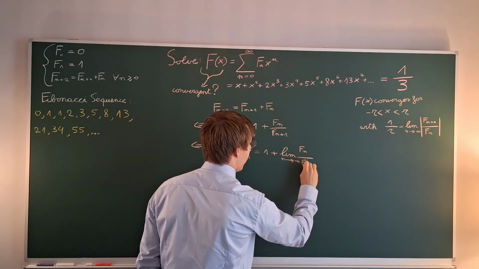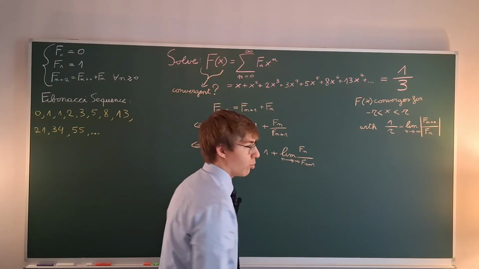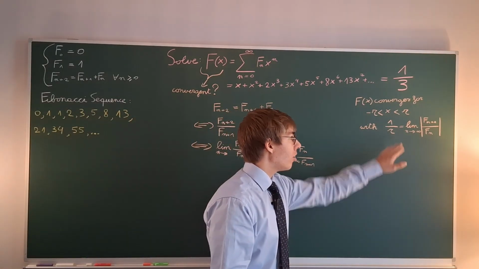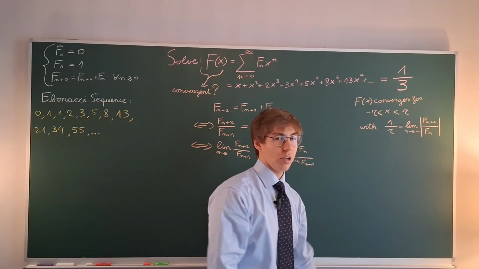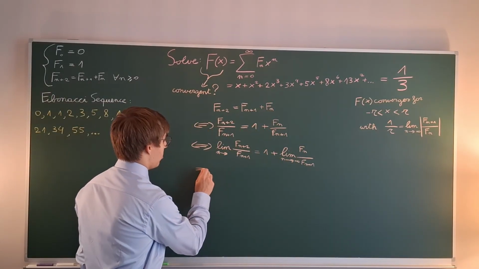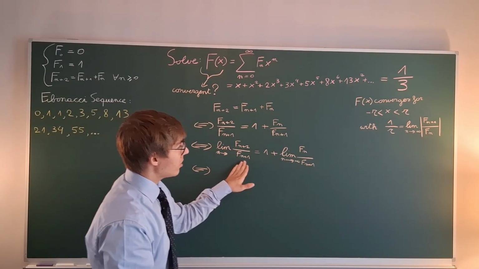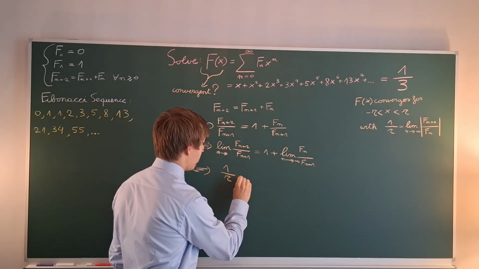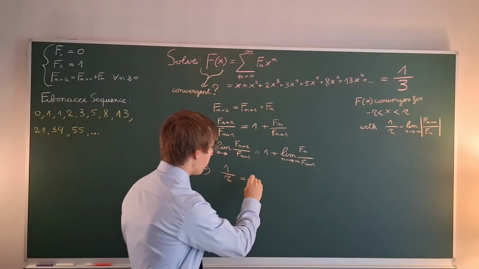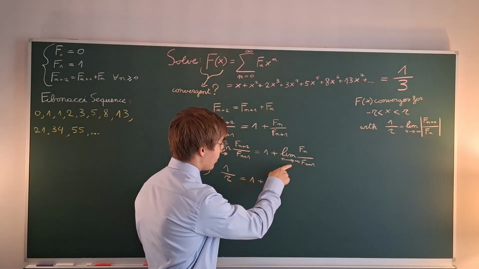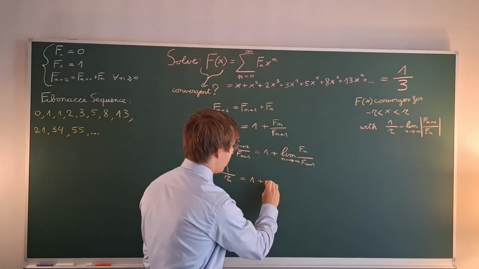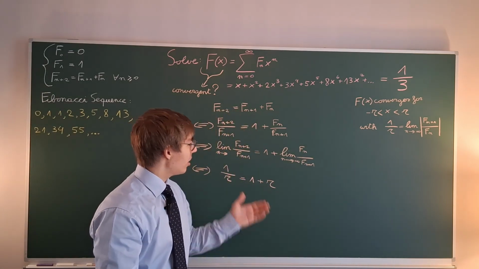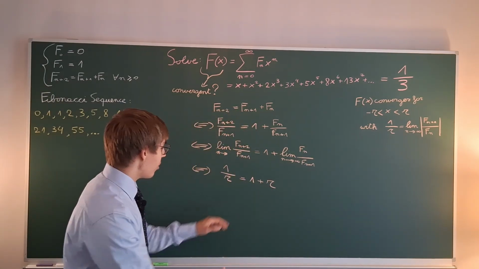over f(n+1). But now notice that we can write these two limits as a function of r, since this equality holds. So this first limit is just 1 over r. That has to be equal to 1 plus the second limit, which is r, because the fraction is swapped. So now we just need to solve for r.